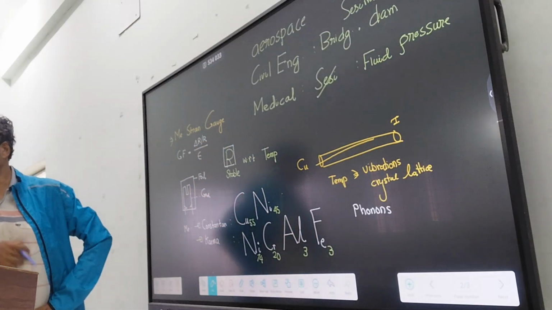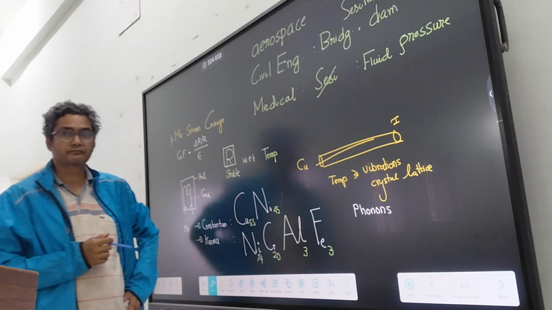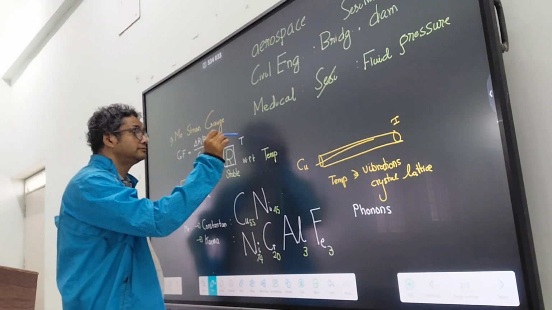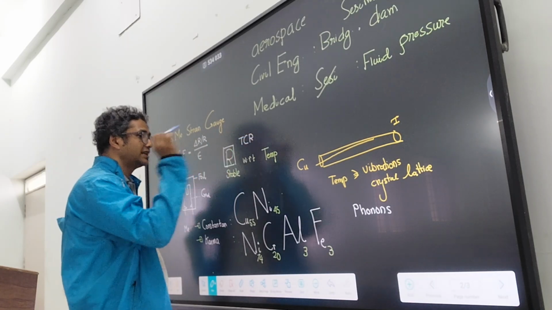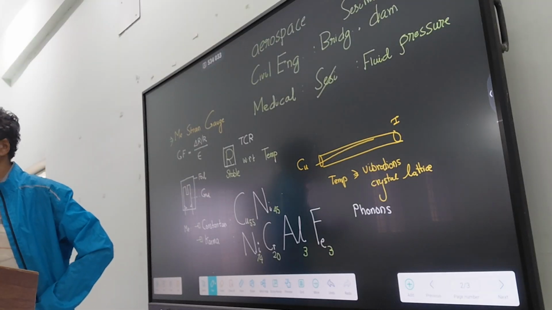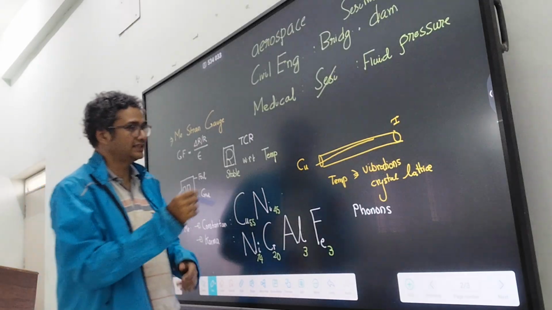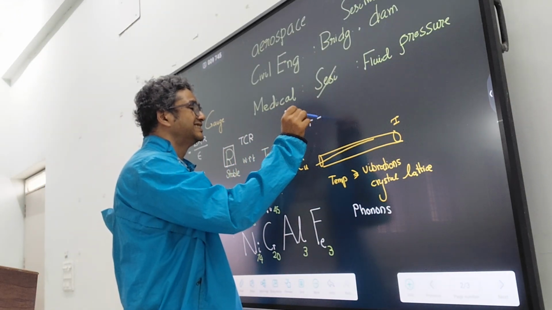Resistance stable means, with temperature, its PCR. Do you remember PCR? In the previous class we discussed PCR, temperature coefficient of resistance, when we were discussing RTD. Do you remember, I think?